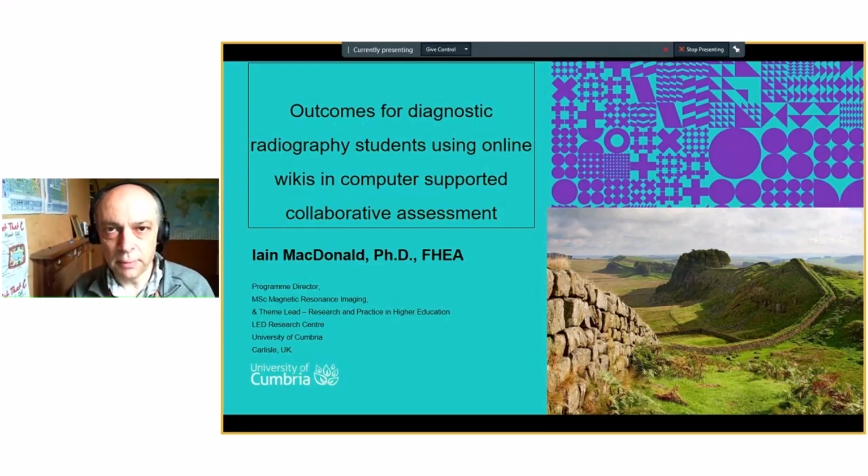That's a Bachelor of Science degree that I am involved in, but I'm particularly interested in postgraduate studies in magnetic resonance imaging. That's my speciality, my field of interest. And I run the postgraduate course in magnetic resonance imaging at the university.